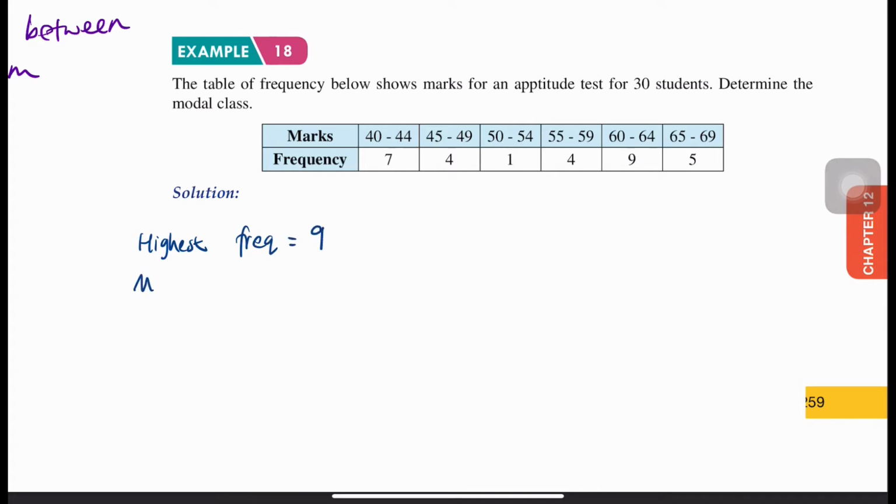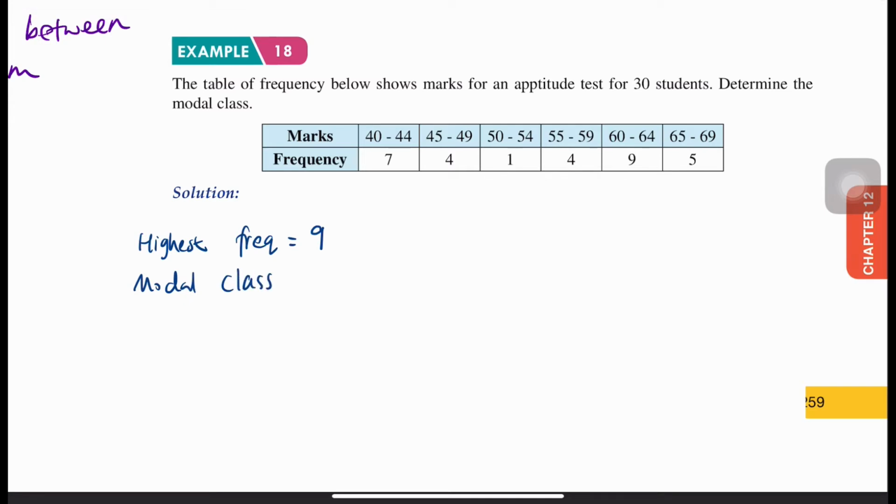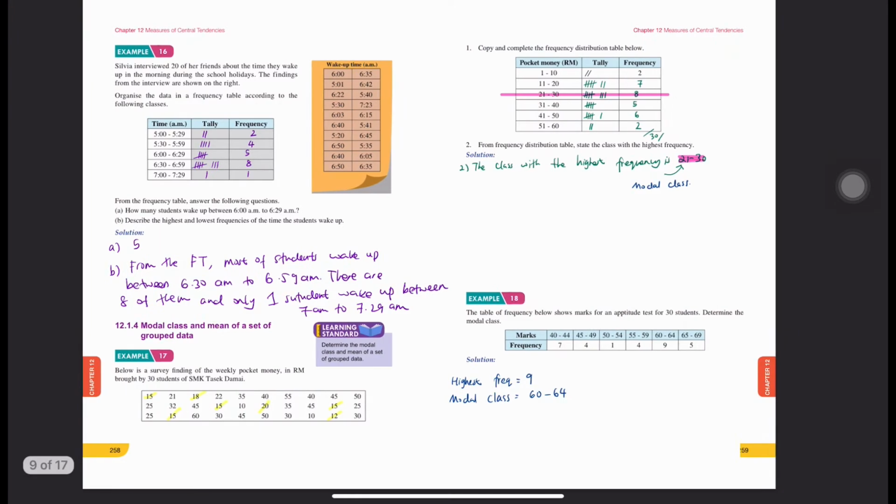So the modal class is class 60 until 64. Simple kan? Kita nak determine modal class.